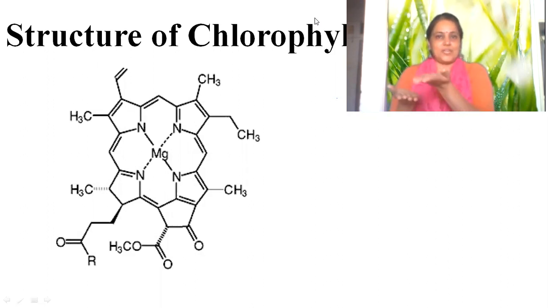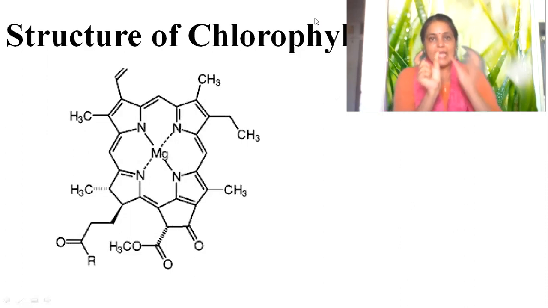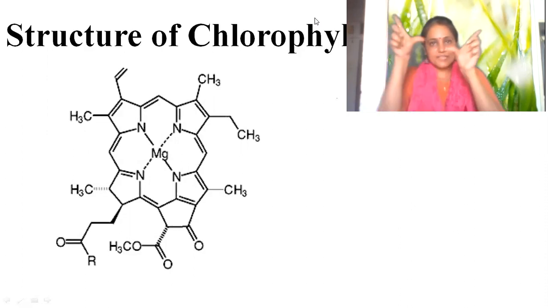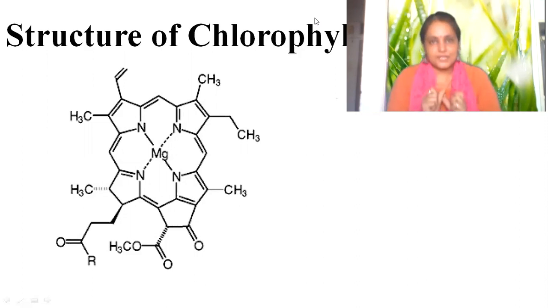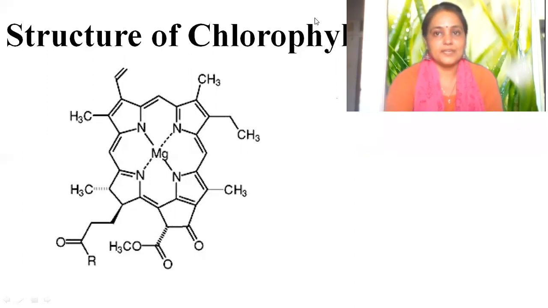It's a planar molecule. At the center of the structure of chlorophyll is magnesium, and this magnesium is attached to four different nitrogen atoms, and in this way the molecule looks like a porphyrin ring.